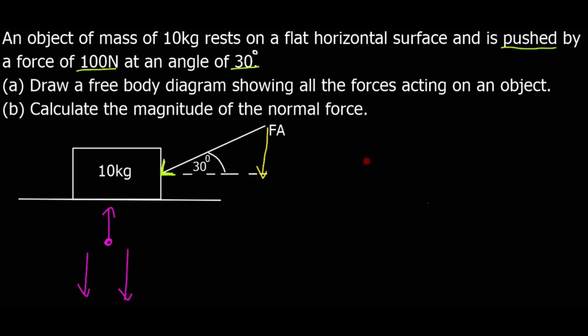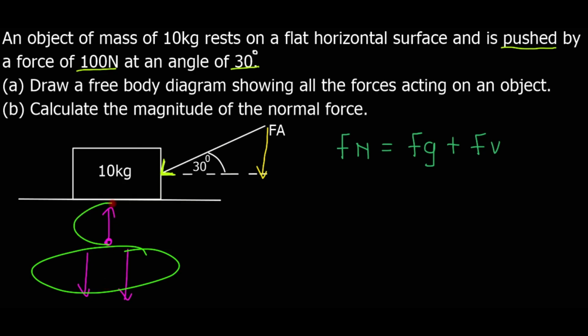So now Fn equals Fg plus Fv, because our downward forces are these two, and the upward force is one. From there we can substitute.